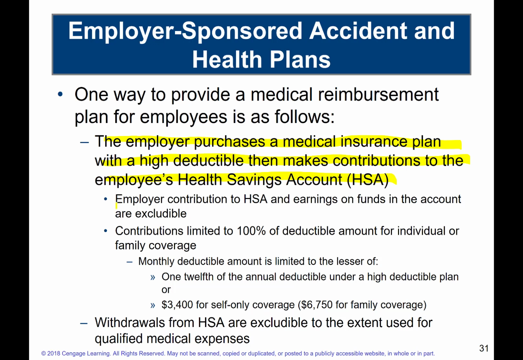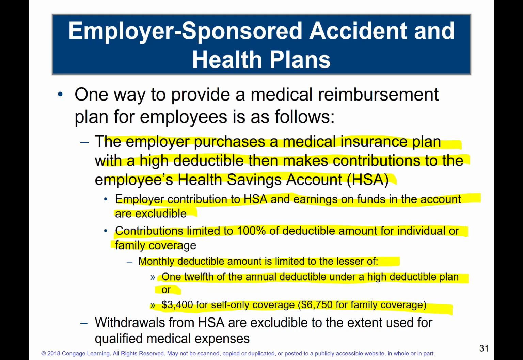The employer's contribution to the health savings account and earnings on the account are excludable. Contributions, however, are limited to the deductible amount for individual or family coverage. The monthly amount is limited to the lesser of 1/12 of the annual deductible, or $3,500 if it's self coverage, $6,750 if it's family coverage.